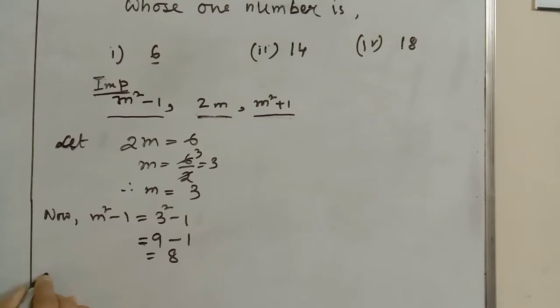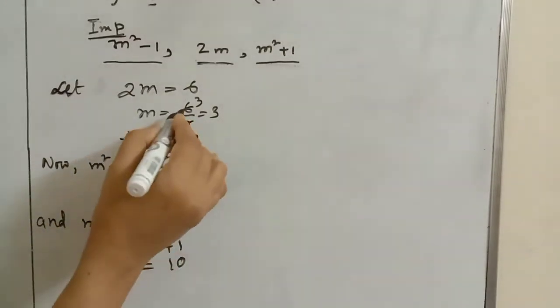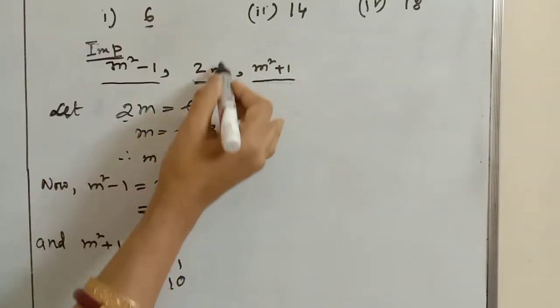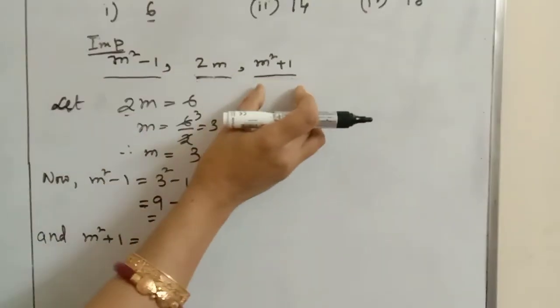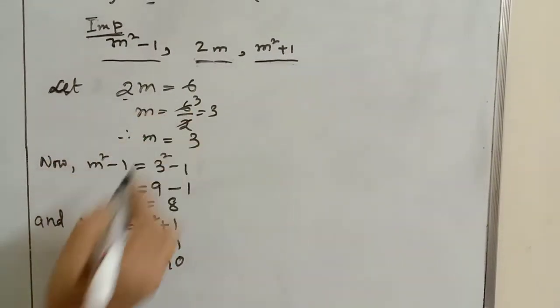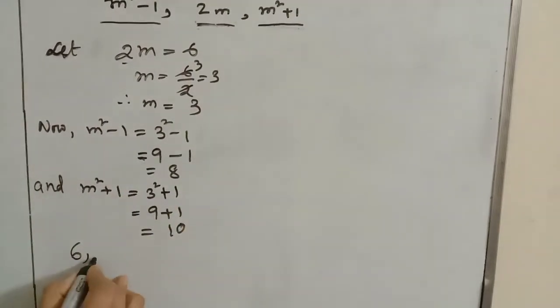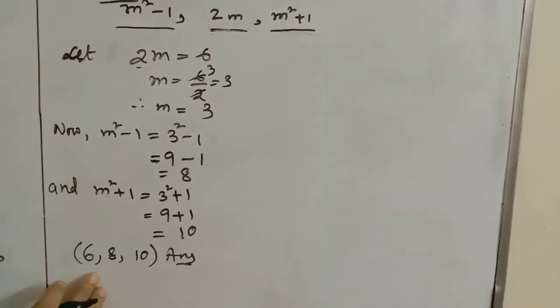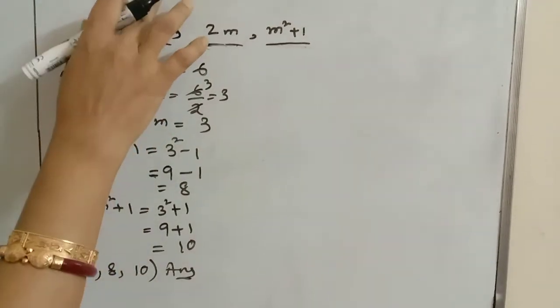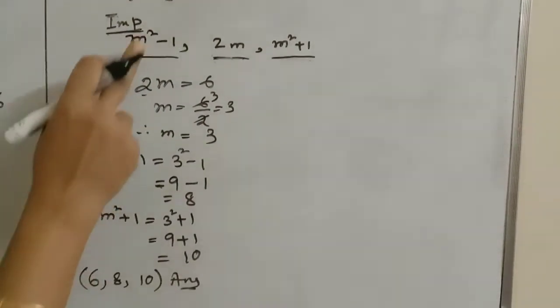And m square plus 1, 3 square plus 1, 9 plus 1, that is 10. So the triplet is, first number is 6, 2m is 6. Our triplet numbers are 2m, m square minus 1, and m square plus 1. So our 2m was 6. So the triplet is 6, 8 and 10. These are the three numbers in which one number of the triplet is 6.